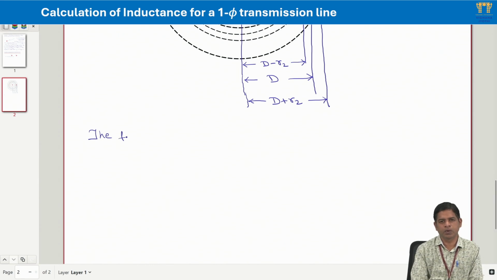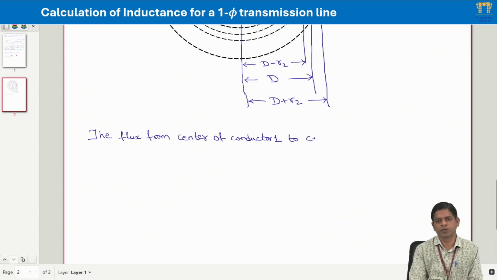The flux from the center of conductor 1 to the center of conductor 2 links the entire current flowing in conductor 1.